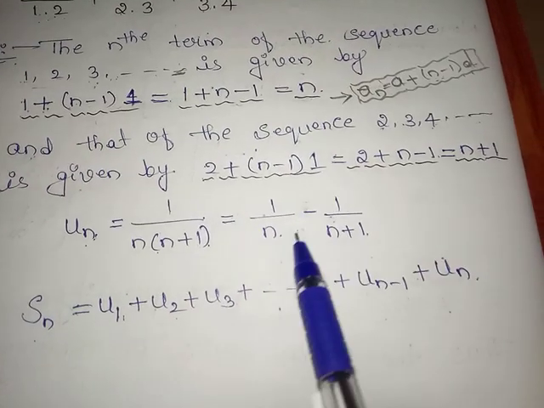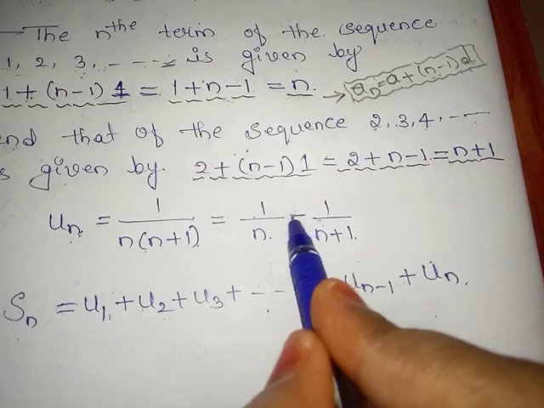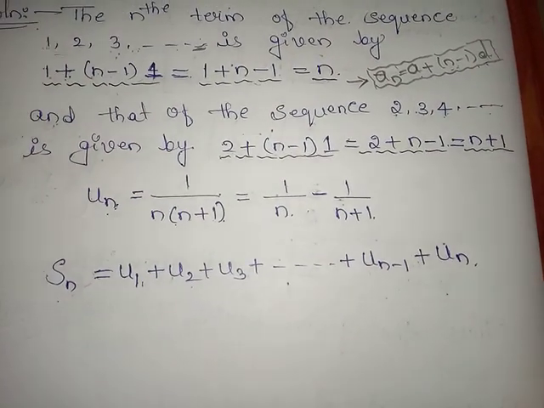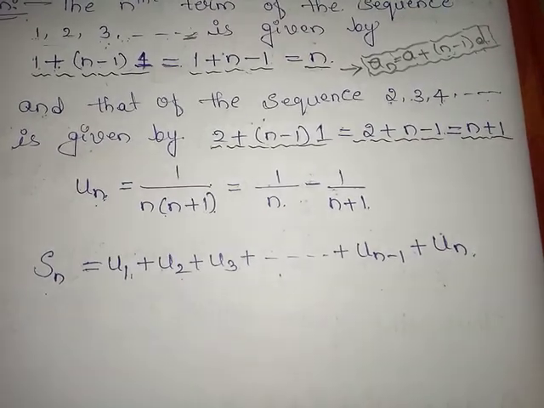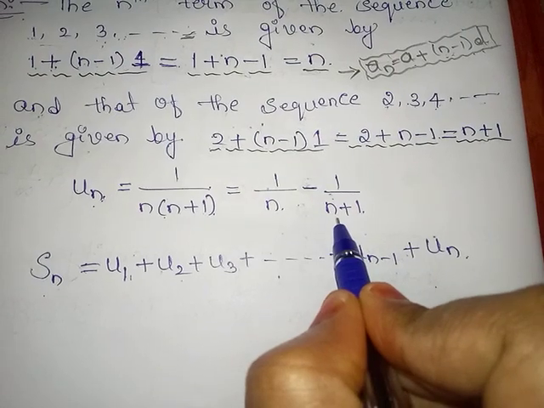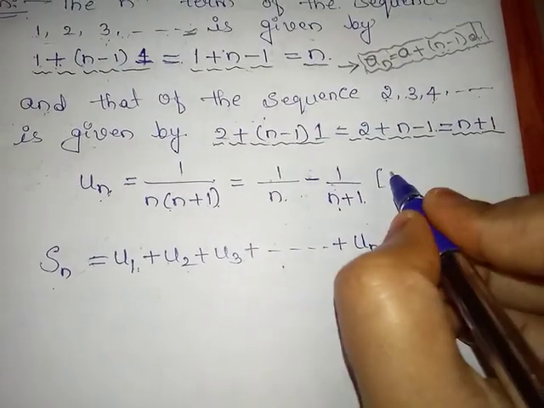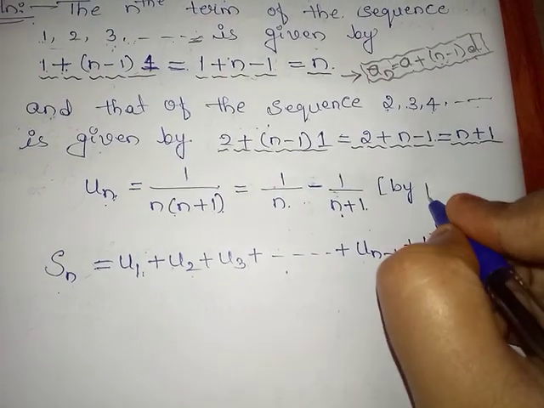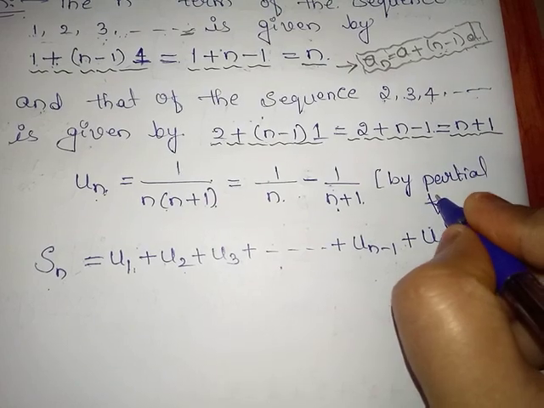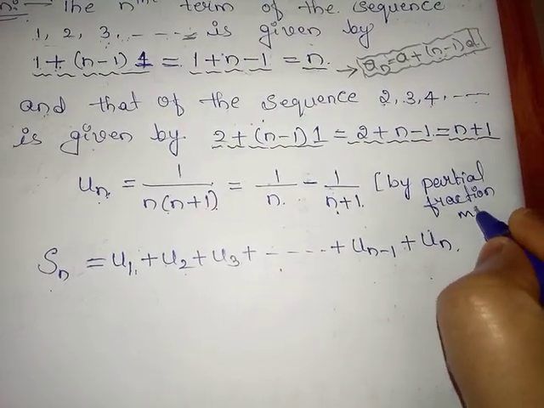If we take the partial fraction, since we have a negative sign here, some of the terms will cancel, and we will get a simpler Sn. To get that, partial fraction is used. I will write here by partial fraction method.